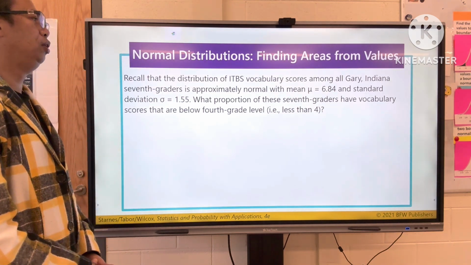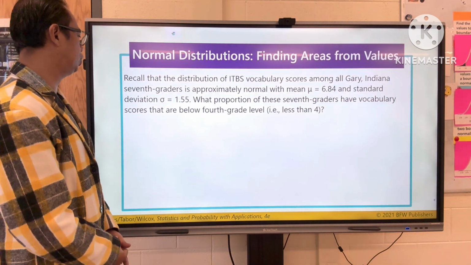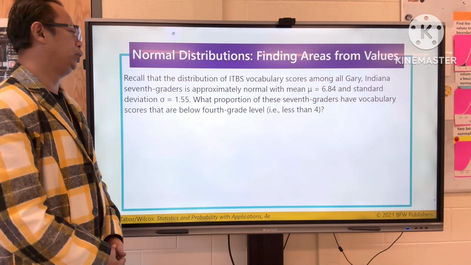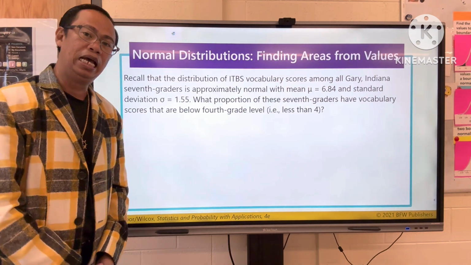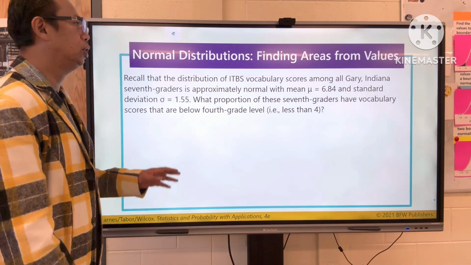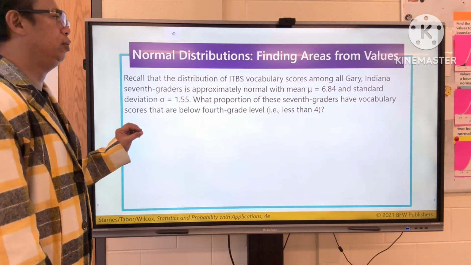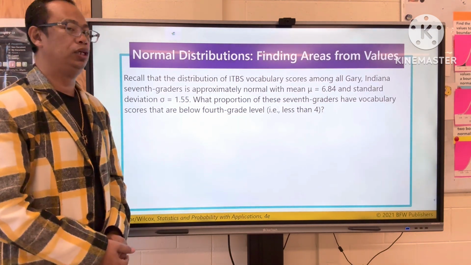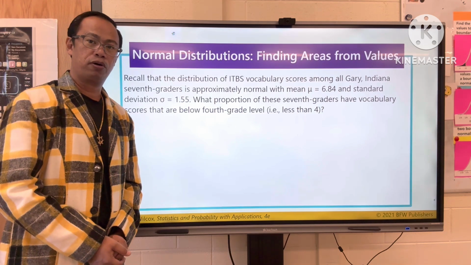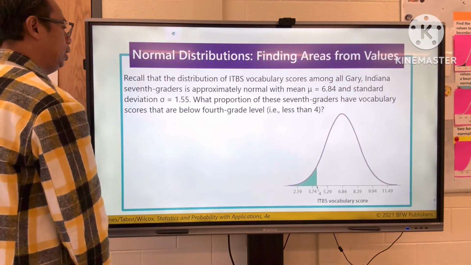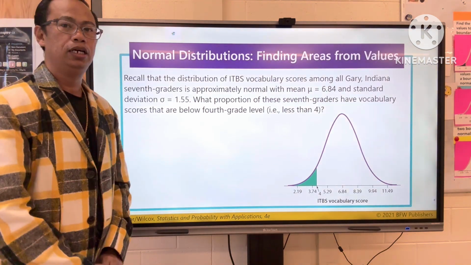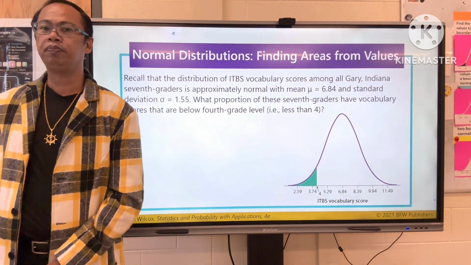So what proportion of these 7th graders have vocabulary scores that are below the 4th grade level? So this will be less than 4. The location of the value is on 4, less than 4, and we're going to have an illustration of that.